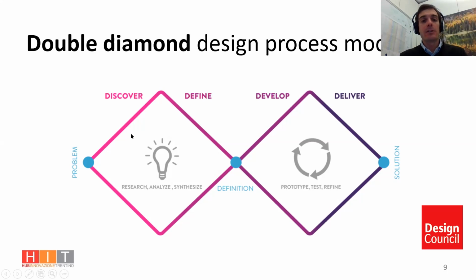For instance, discover and develop are diverging phases, because you want to discover what your problem is, you do research, and then you want to develop many ideas of solutions, competing ideas of solutions.